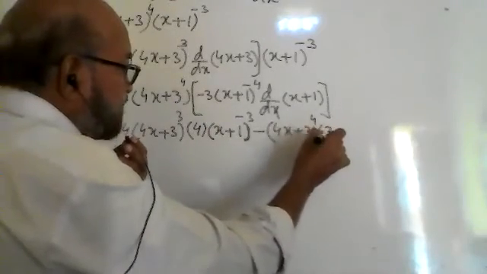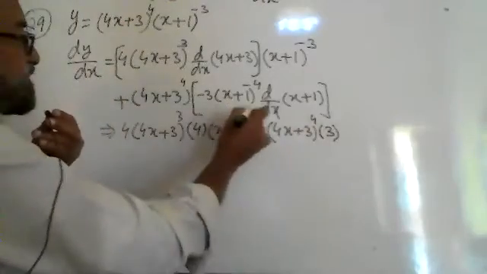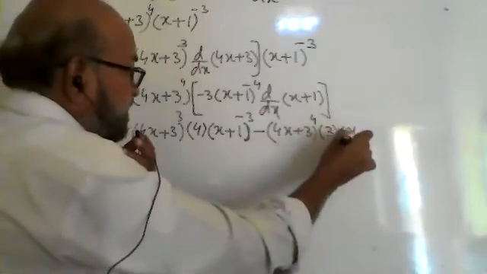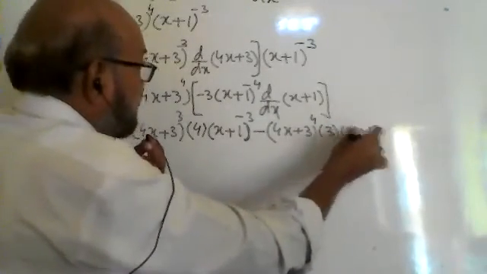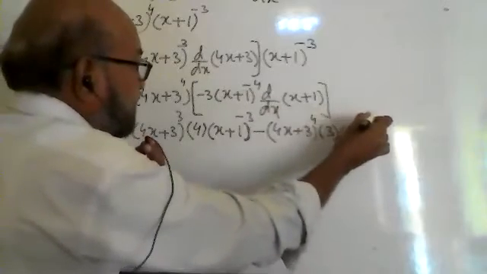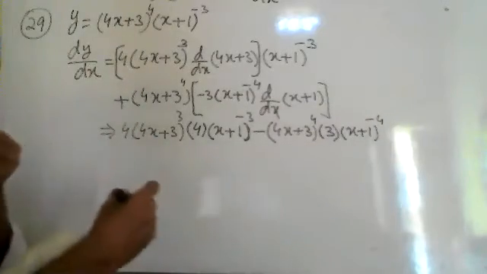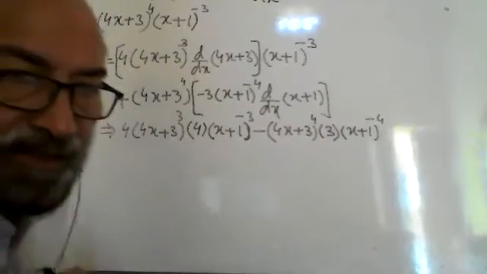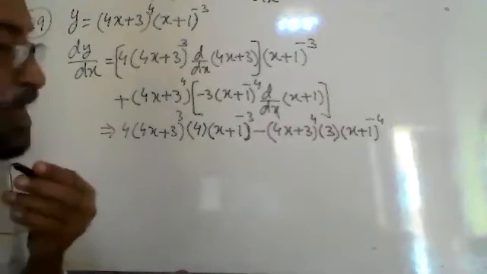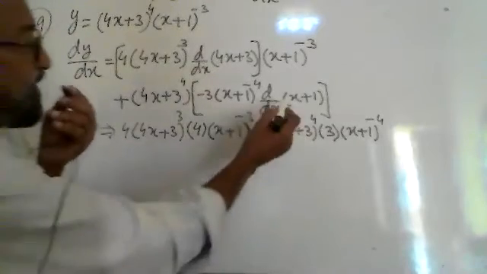So only 3 is left into x plus 1 raised to power minus 4, into derivative of x plus 1.